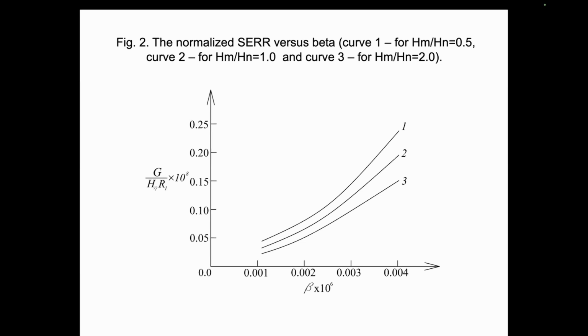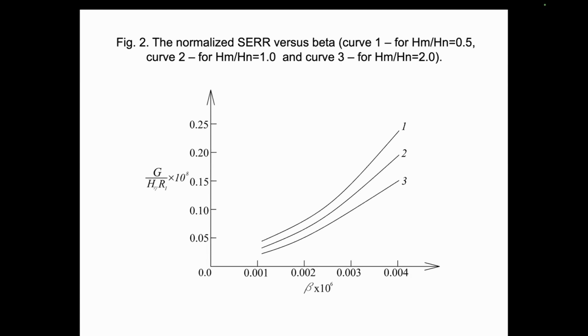The strain energy release rate beta curves shown in figure number 2 are built up at 3 H mu to H eta ratios to see what is the influence of the variation of material parameter H along the cross-section radius.